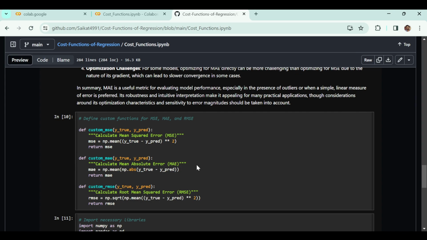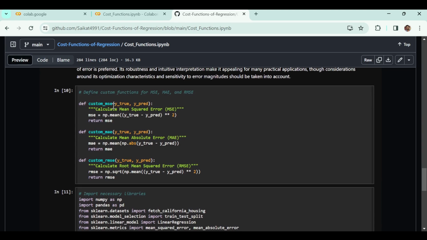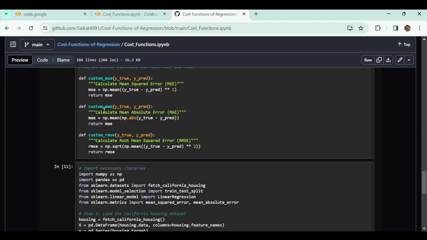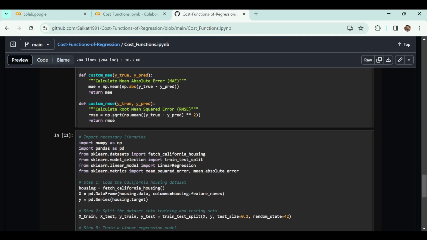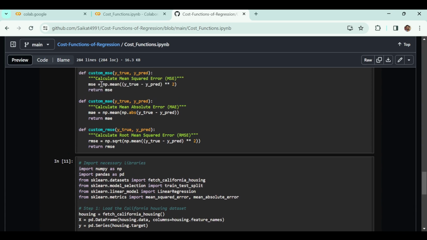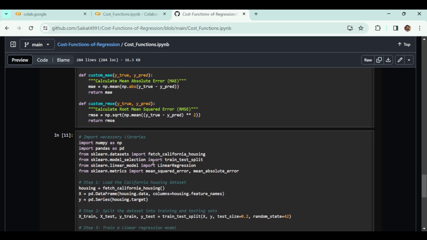As you see here, I wrote the custom MSE, which is nothing but the mean of the square of y true value minus y prediction value. Similarly, MAE takes the mean of the absolute value of true minus prediction, and RMSE is just the square root of MSE. This is the custom MSE.